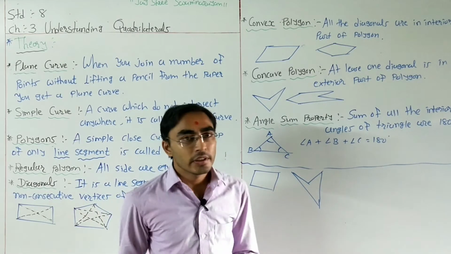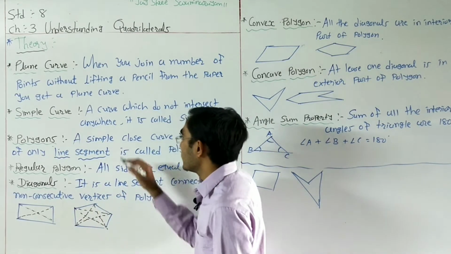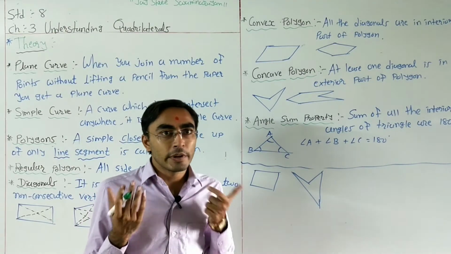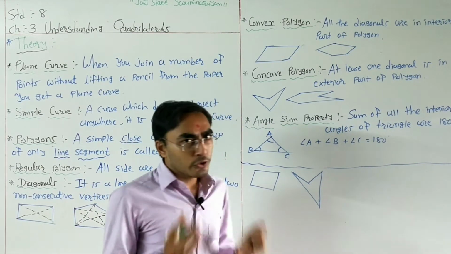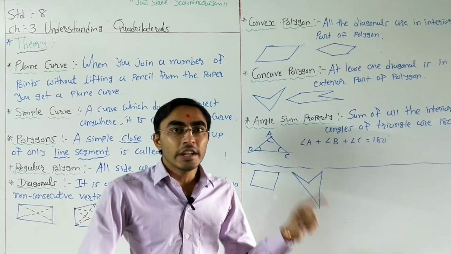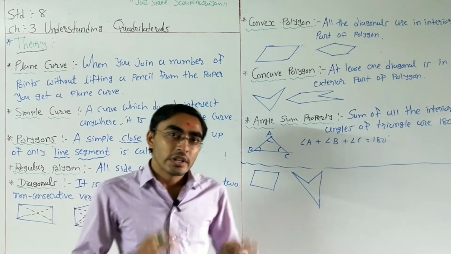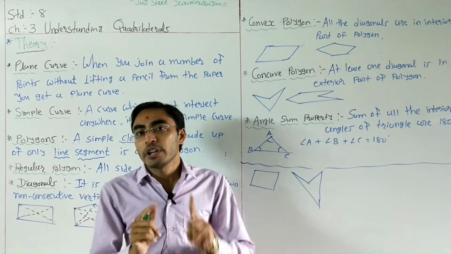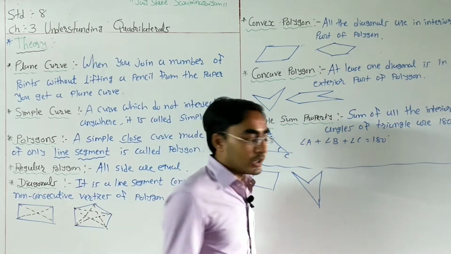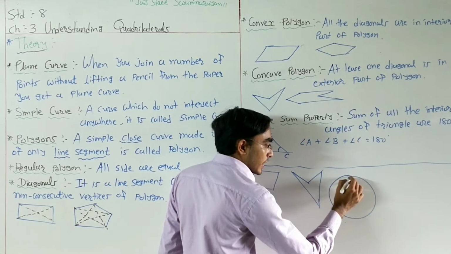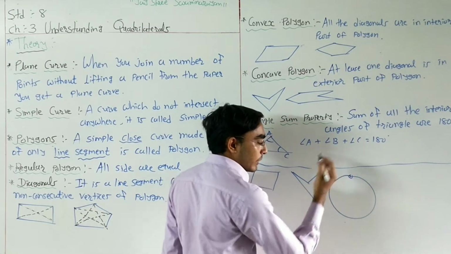One more thing: simple closed curve. Now, what is an open curve and a closed curve? In a closed curve, the starting and ending points are the same. If we draw one circle, I start from this point and my ending point is the same.